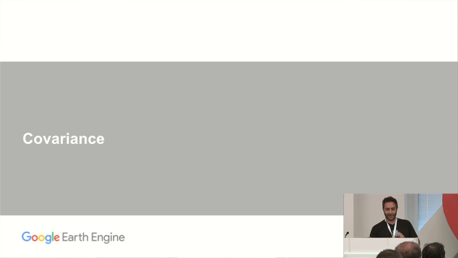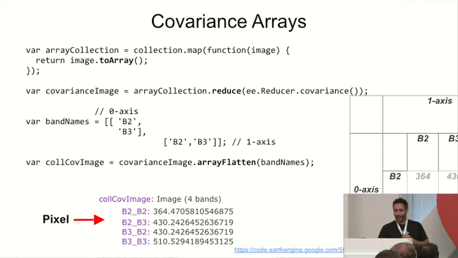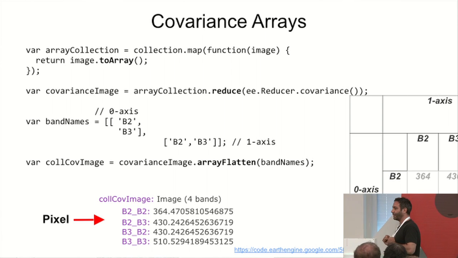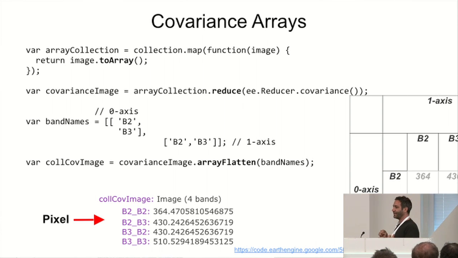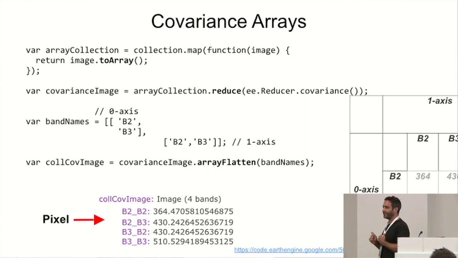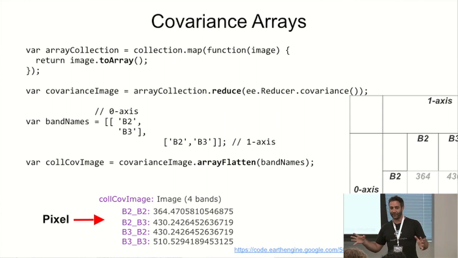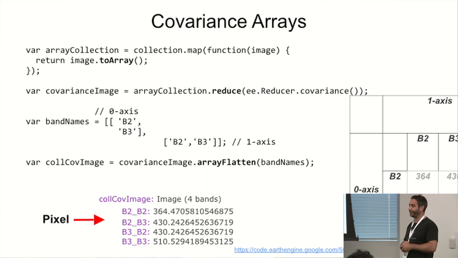Okay, covariance. The covariance reducer is one of those things in the Earth Engine API for which you must use arrays. Specifically, the covariance reducer expects as input a sequence of one-dimensional arrays, one-dimensional vectors, all of the same length.